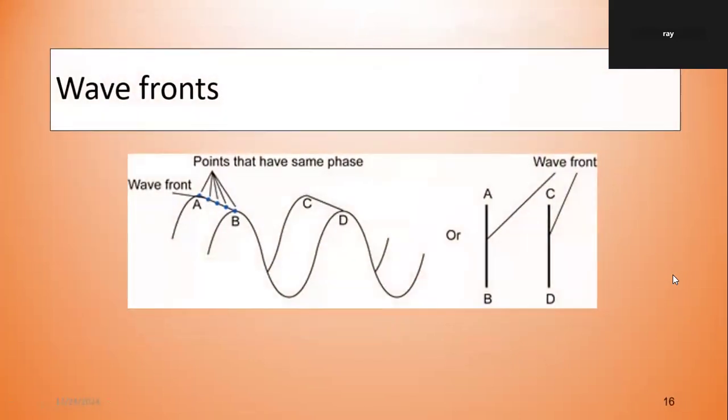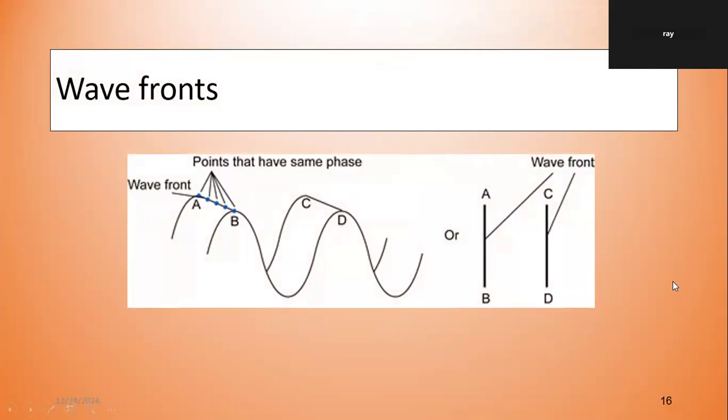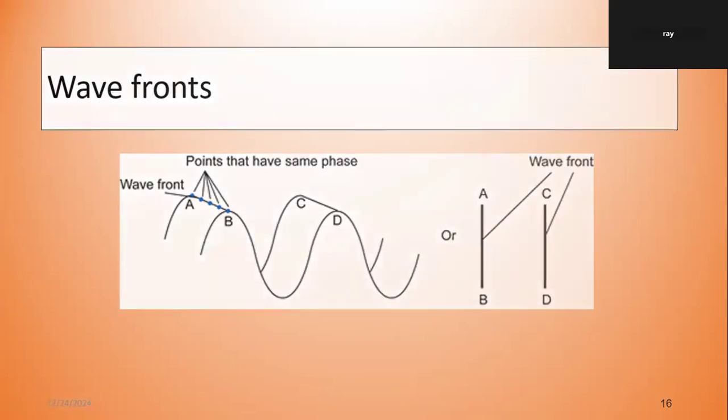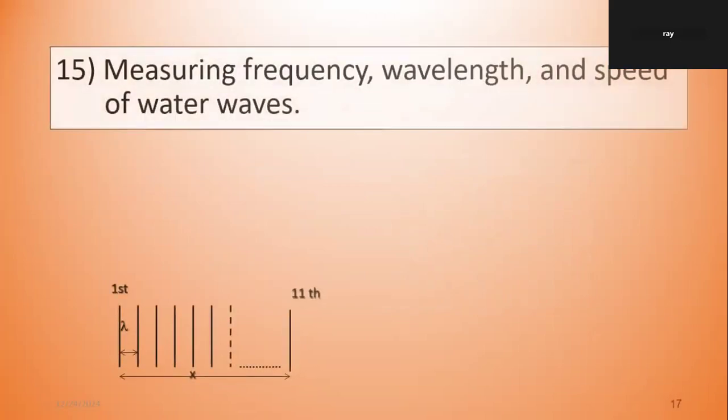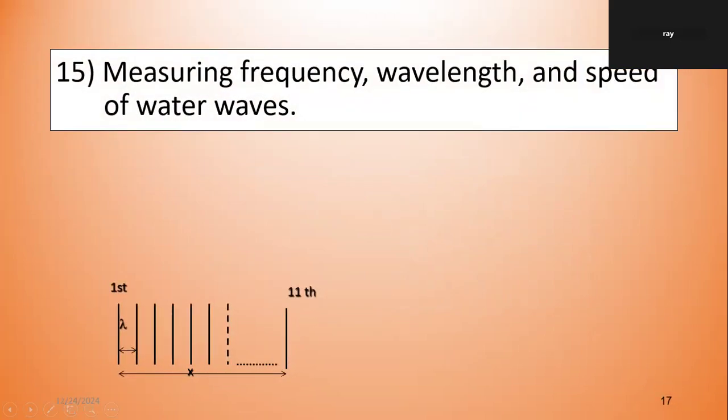Stop me if you are going to ask a question. Right? If representing the grass, there's two wavefronts. Measuring frequency, wavelength, and speed of wave. Right? Depends on how you count, but usually we count wavefronts. This is the first one.